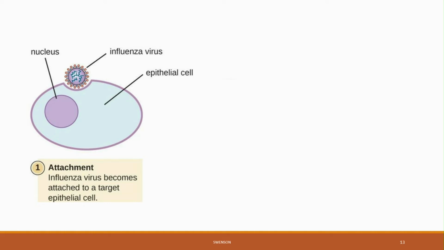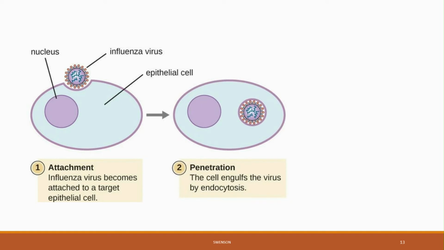Again, we have steps with these animal viruses. First, attachment. So, influenza virus becomes attached to a target epithelial cell. An epithelial cell is like a skin cell, or a surface cell, it might be in the throat, might be in the sinuses, it might even potentially be in the esophagus or trachea or something like that.